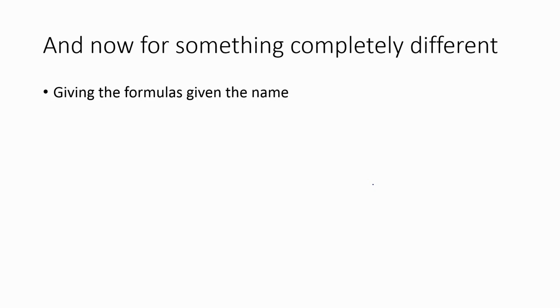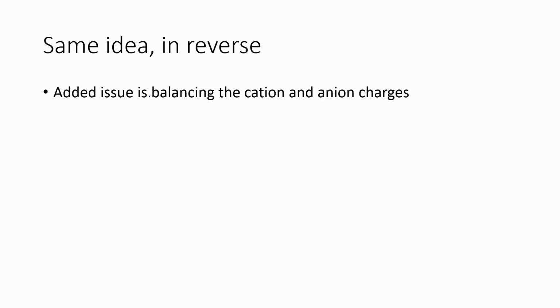And so it's not really different. I originally intended to go with names to formulas later, but we kind of did it as we went. So we know how to go from the names to the formulas. We just have to look at balancing the cation and the anion charges. All right, so that's the only added difficulty. So let's give that a shot. We've done it before, practiced in the earlier ones.